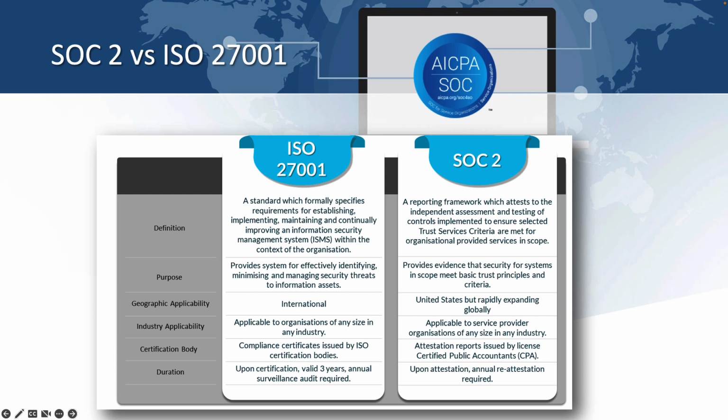Certification body: it's the ISO, very well known, versus the American Institute of CPAs. And the duration: usually the ISO certificate is valid for 3 years with annual surveillance audits. Meanwhile, the SOC certification is a point in time for type 1 and over 1 year or 6 months for type 2, where you need to have an annual reattestation for the controls.